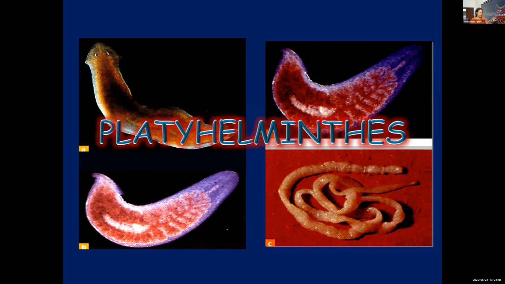Dorsoventrally flat. Excellent. So you are remembering. You learned it in 9th, right? Yes, ma'am. So Platyhelminthes have a dorsi-ventrally flattened body, and we will learn more features about Platyhelminthes.